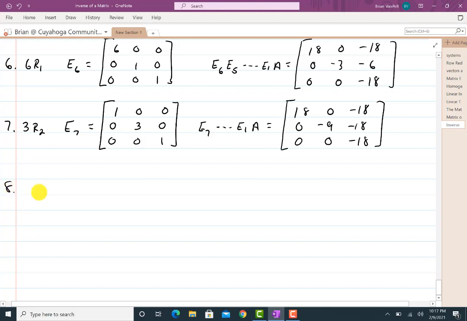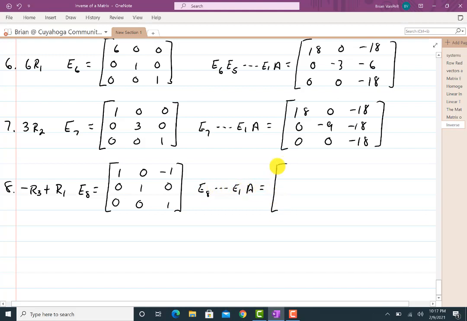So only one step at a time. Once again, negative R3 plus R1. And then when I have E8 dot dot dot E1A, that's 18, 0, 0, 0, negative 9, negative 18, 0, 0, negative 18.